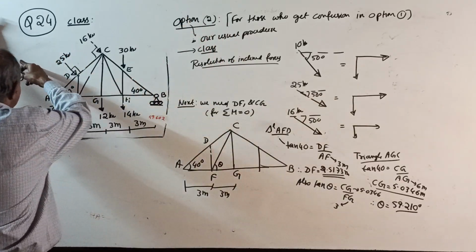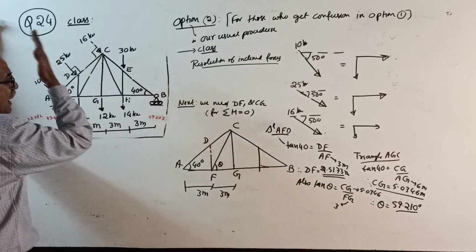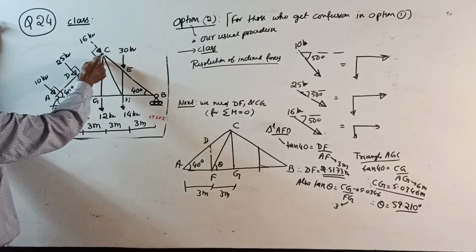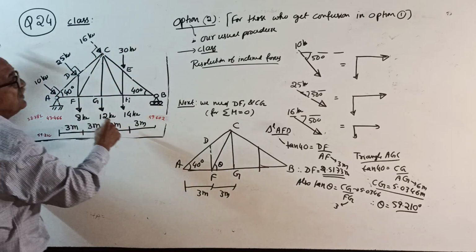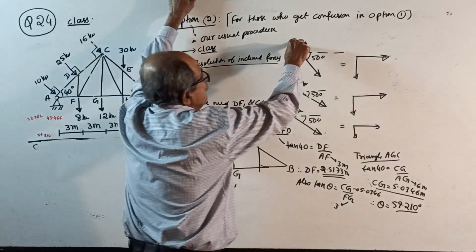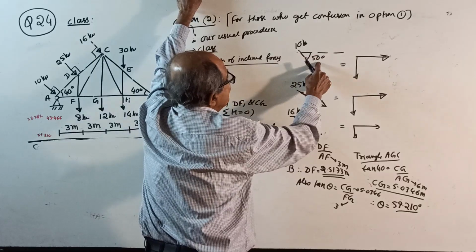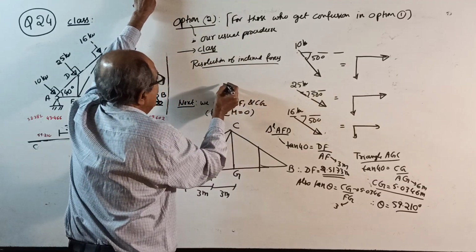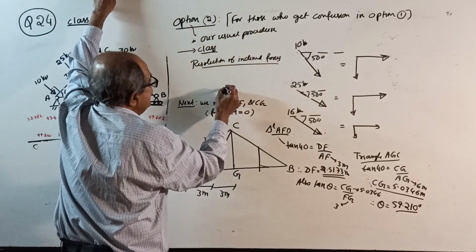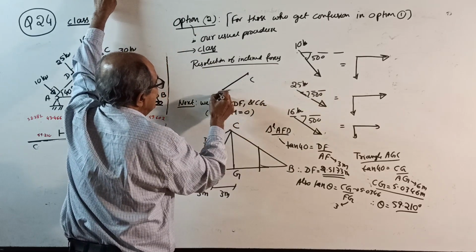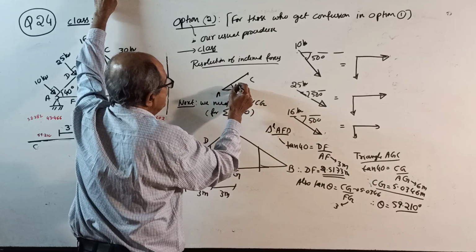See, the 10 kilonewton force, as already told, is perpendicular to this member. This AC is making 40 degrees. When AC makes 40 degrees here, the perpendicular will make 50 degrees with the horizontal. This much you should know. This is your AC, 40 degrees.